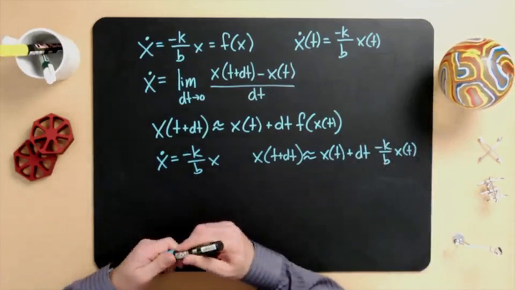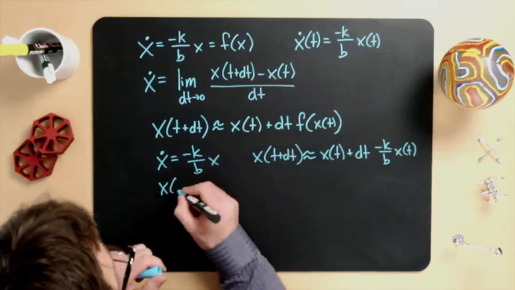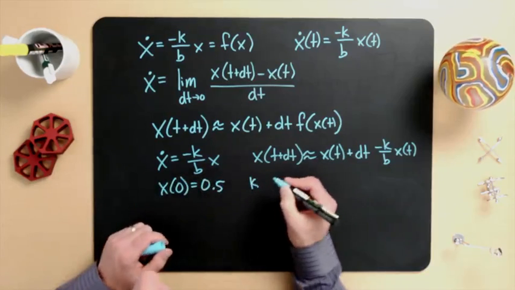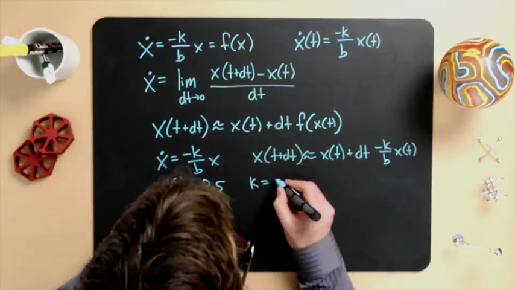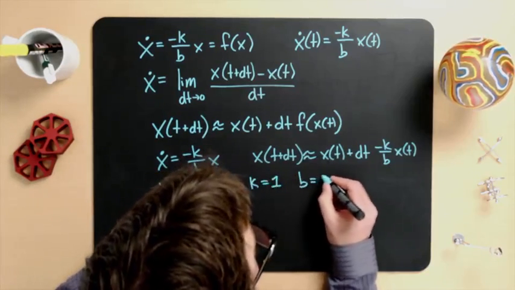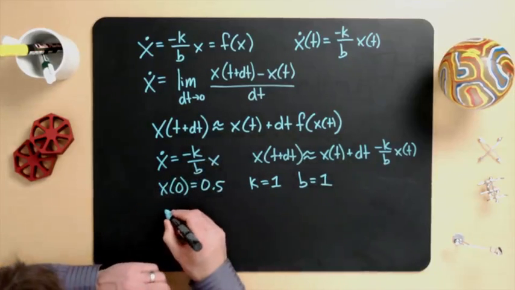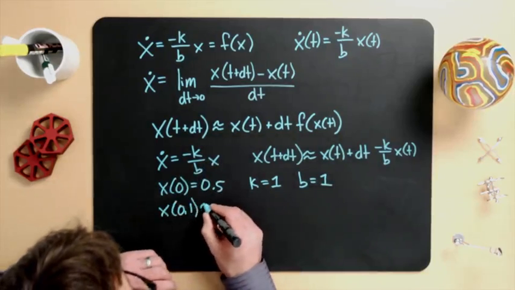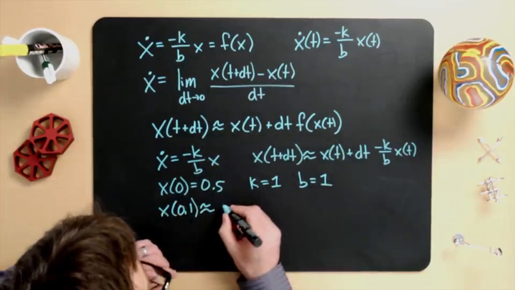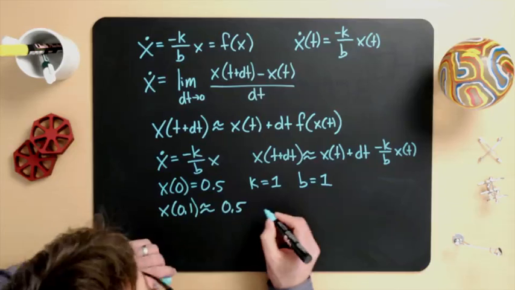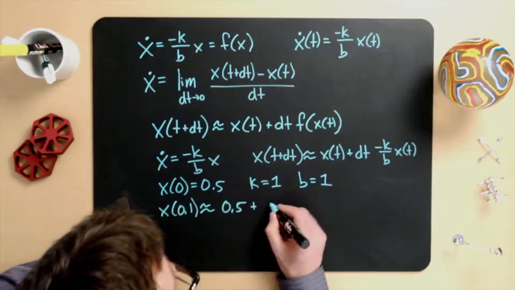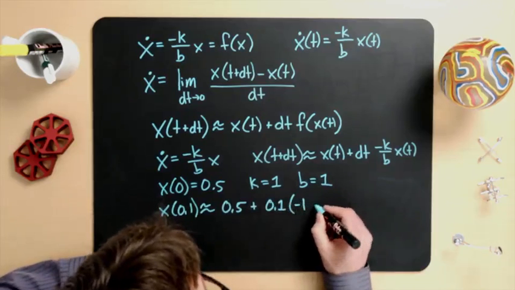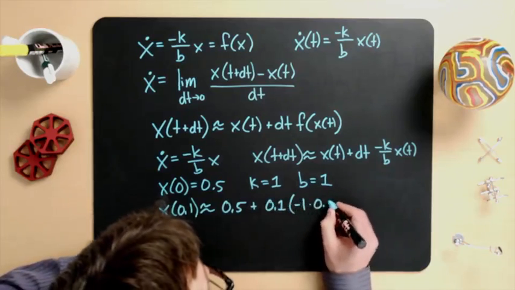If we then assume that we know that x of 0 is equal to 0.5, and we know that k is equal to 1 and b is equal to 1, then we can approximate x at 0.1 by 0.5, that's x at time 0, plus 0.1, that's dt, times minus 1 times 0.5.